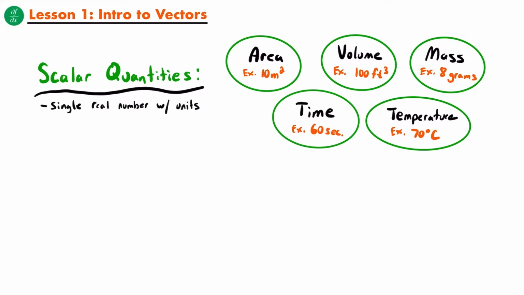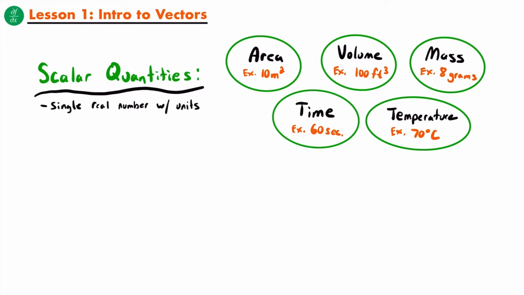Or it could be temperature, where we could have a measurement like 70 degrees Celsius, or you could also measure that in Fahrenheit. Okay, but no matter the units, all of these are examples of scalar quantities. They involve one single real number and then some units, right? We had 10 meters squared, 100 feet cubed, 8 grams, a single real number with some units.